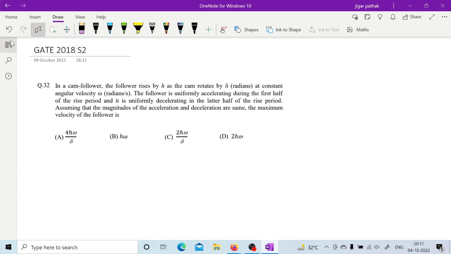Assuming the magnitude of acceleration and deceleration are the same, the maximum velocity of the follower is, actually, this we have calculated and used also. Can anyone tell? So, option C. Yes, that is straightforward, right? It is 2h omega upon delta.